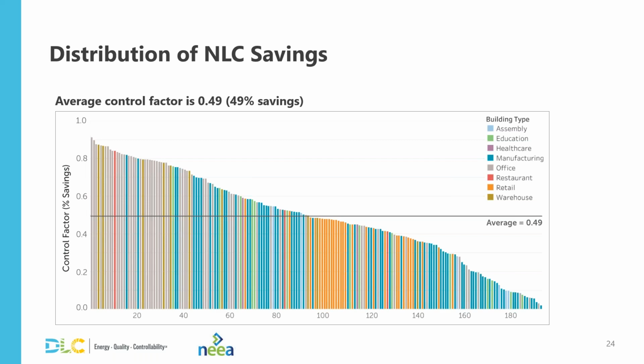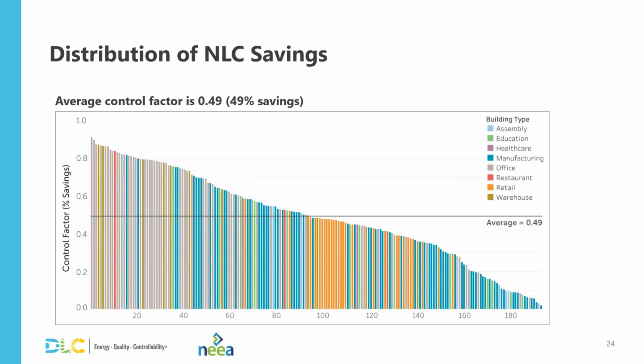When referred to as control factor, it is a number between 0 and 1, representing the fraction of energy saved. And when referred to as savings, it is simply the percentage of the control factor. So in other words, the average control factor of 0.49 is equivalent to saying 49% savings.